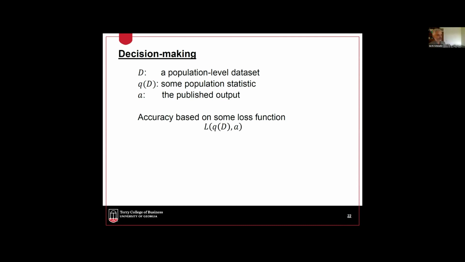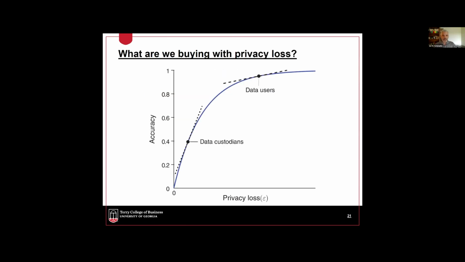The question is whether those different use cases require different concepts of accuracy, and if they do, how would we balance them when we're making decisions about where to set the privacy loss budget?